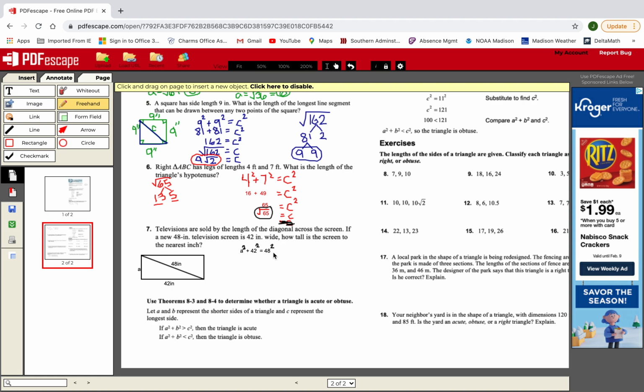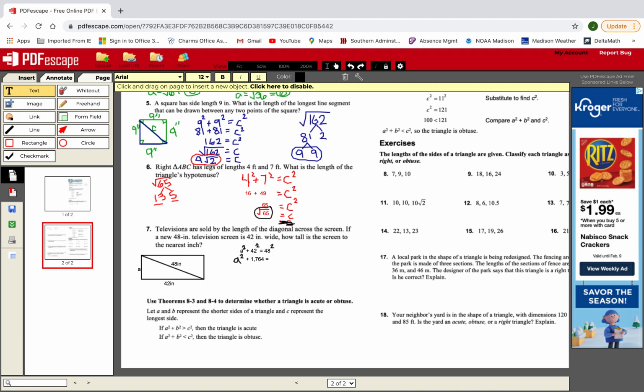Okay, 42 times 42. So I've got a squared plus, and I'm going to switch over to text because I now have actual numbers. A squared plus 42 squared is 1,764.